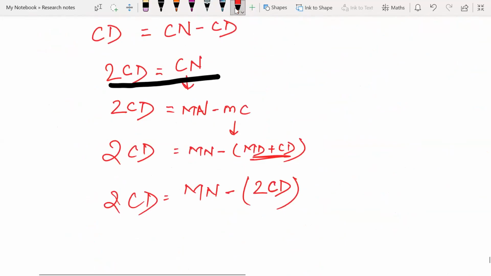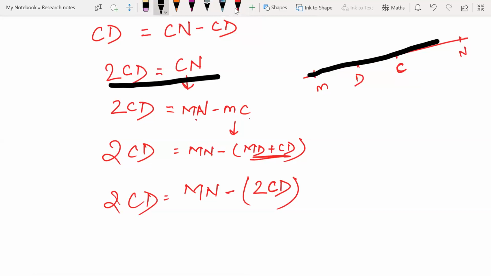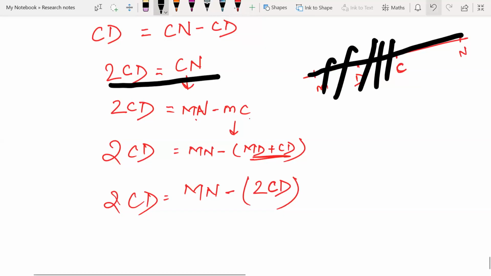So we were having M, we were having N, we were having the middle point C, and then we were having the middle point D. So at the place of CN, I am writing MN minus MC. That means the complete length MN minus this much. That is CN only. Now in the next step, we are very clear with the proof that MN is required, CD is required.